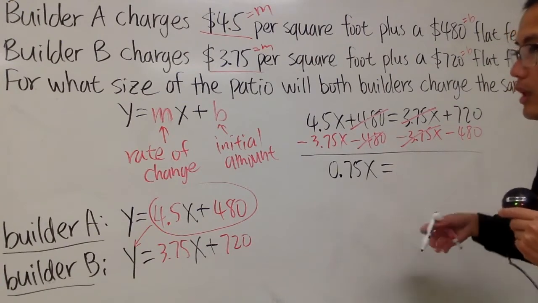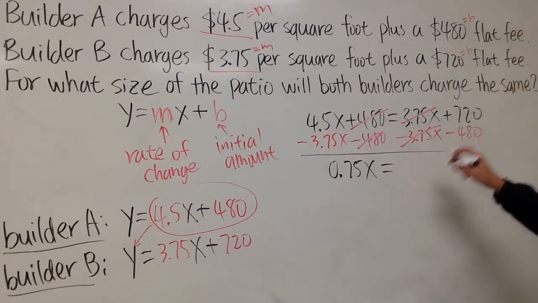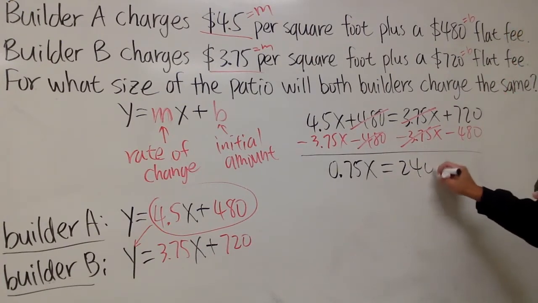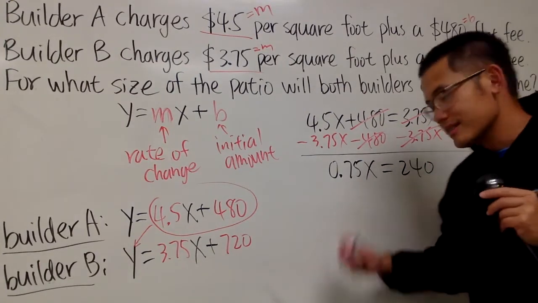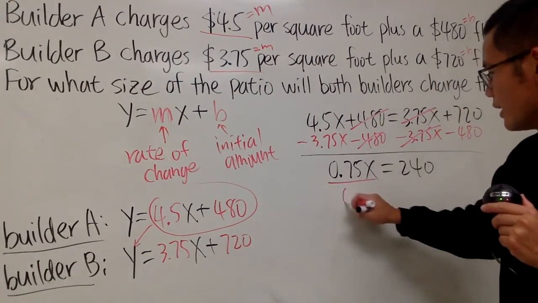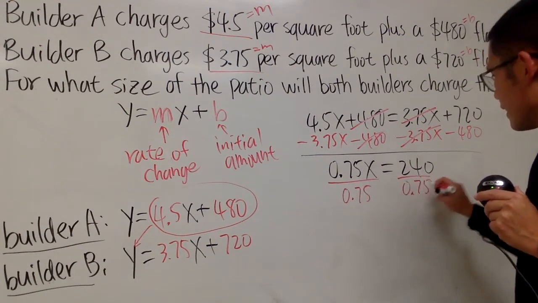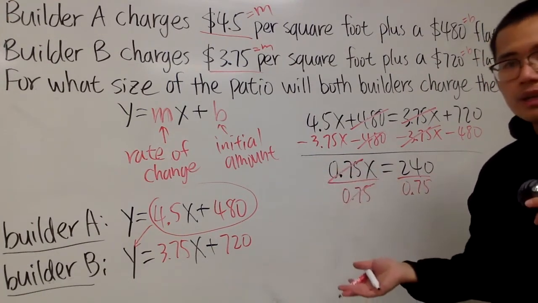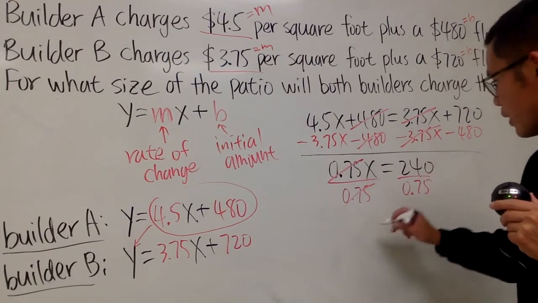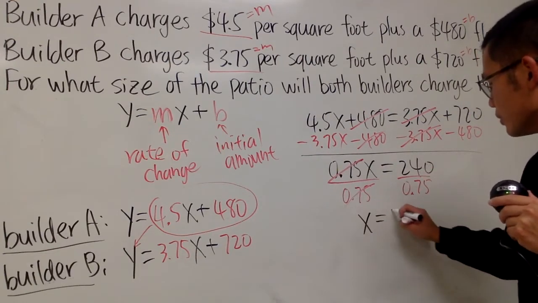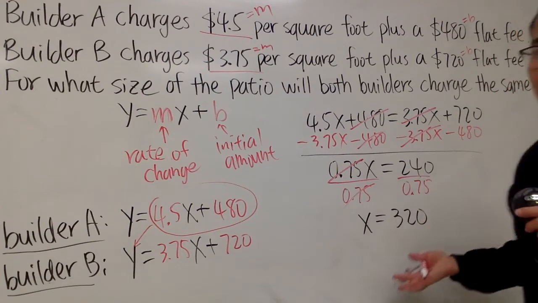And that's equal to, when we work this out, 240. All right, one more step. Just go ahead and divide both sides by 0.75. That way, this and that will be cancelled. And in the end, you can do this on your calculator if you like. x is equal to 320, right?